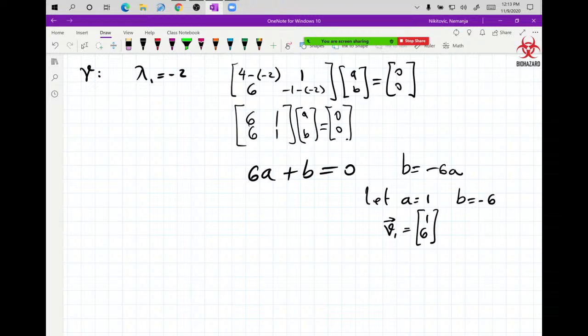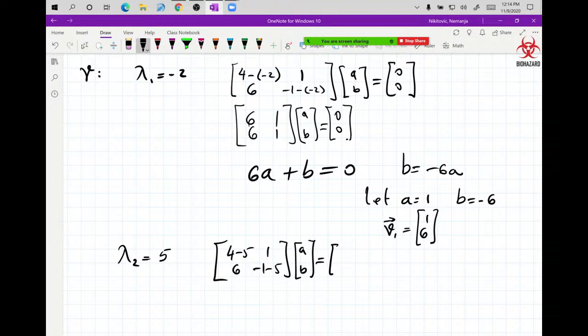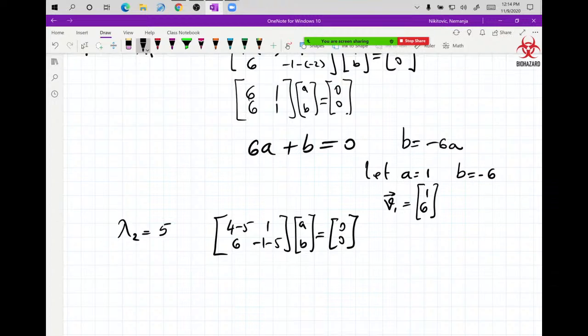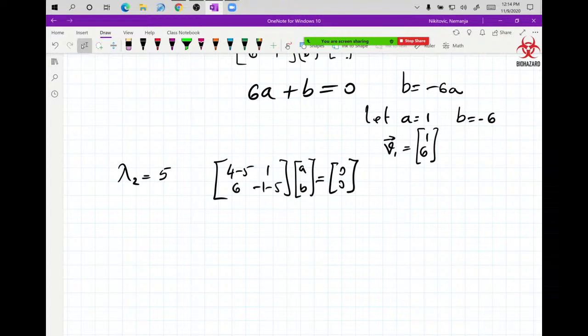So that's the part. Okay, now lambda 2 is equal to 5. Then you have 4 minus 5, and then 1 and a 6, and -1 minus 5 times your a, b equals 0, 0. Here I'm skipping like 30 steps now, because I just take a look at the top, and that's -1, 1.